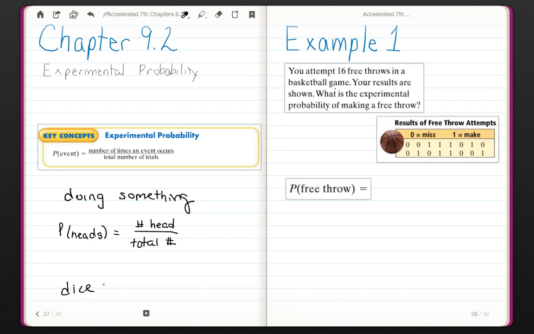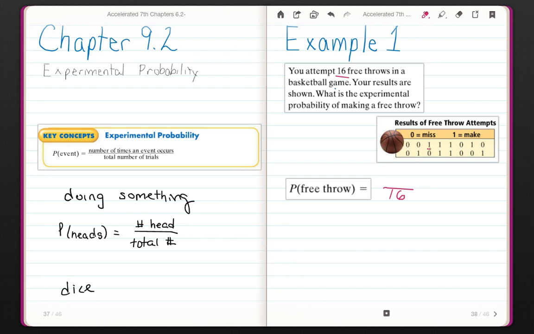So let's take a look at example 1. You attempt 16 free throws in a basketball game. Your results are shown. What is the experimental probability of making a free throw? The probability of getting that free throw is a fraction: the number that you make over the total that you try. We know that we attempted 16.